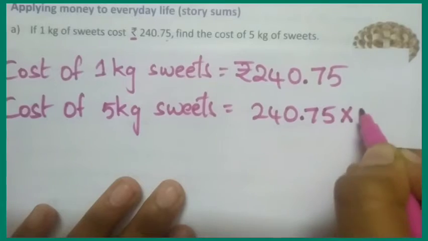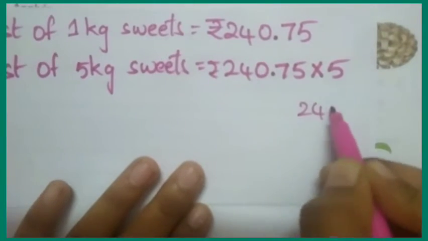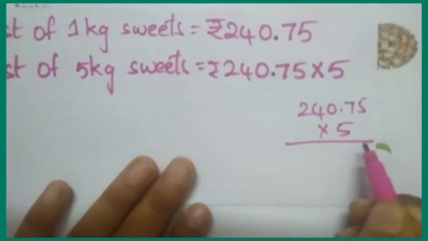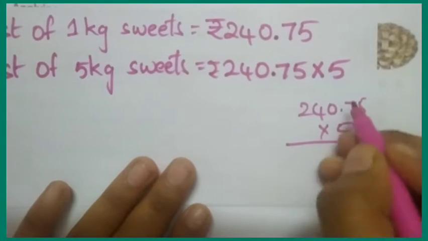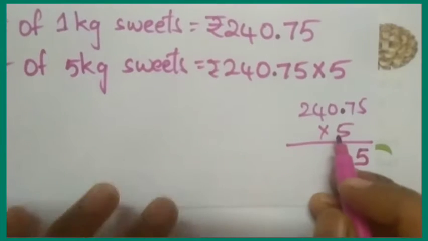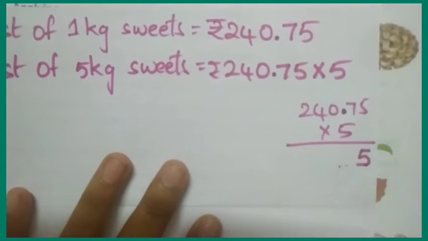240.75 into 5 kgs. Okay. We'll do here 240.75 into 5. 5 5s are 25. Same as how we do the remaining multiplications, like that only we'll do here, but after 2 digits we have to keep the point.